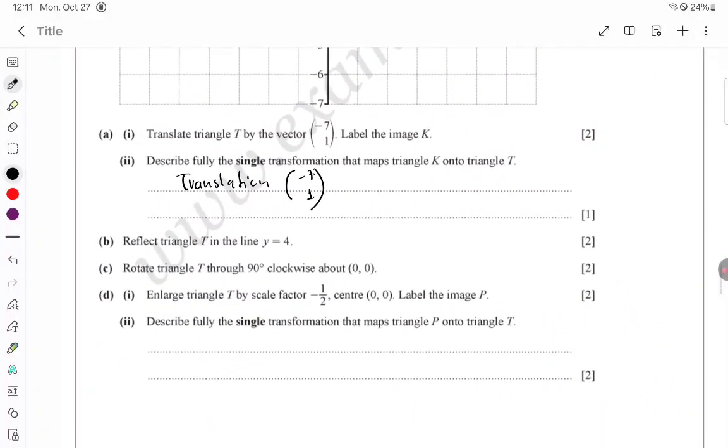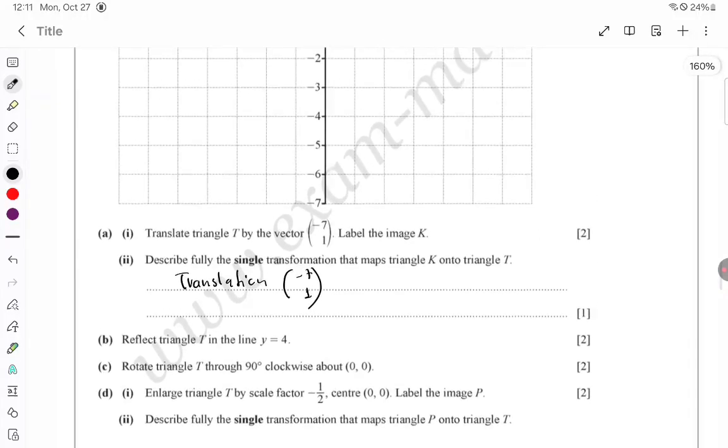Now rotate triangle T through 90 degrees clockwise about 0, 0.